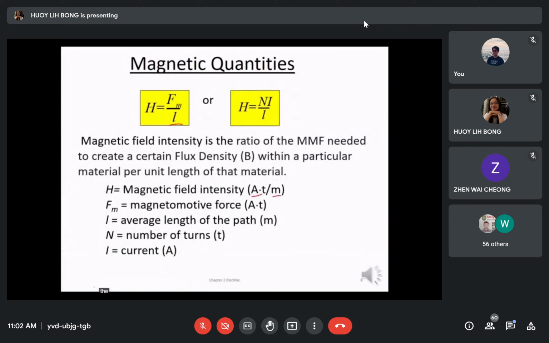The F stands for magnetomotive force in ampere turns, while L stands for the average length of the conductor's path in meters. And we can also write the equation for the magnetomotive force as number of turns times the current.